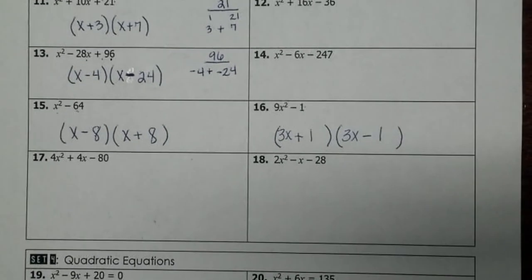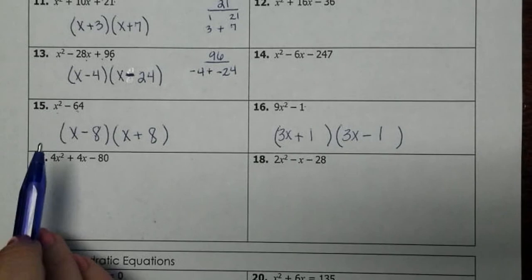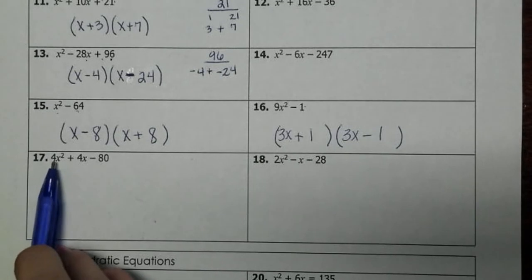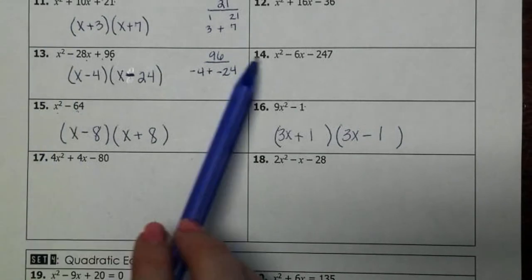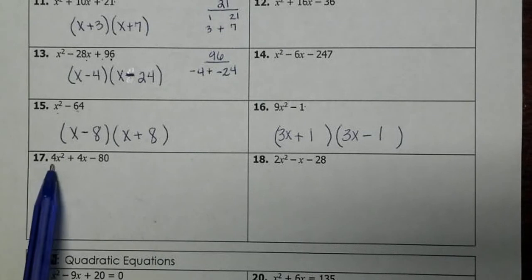Okay, and then we have a couple more problems that are just a little bit more difficult here. If you look at number 17, the reason that it's more difficult is because its coefficient is 4 instead of just being 1. All of these coefficients were just 1. But this one's coefficient is 4.